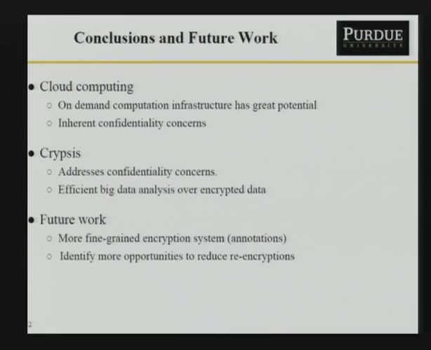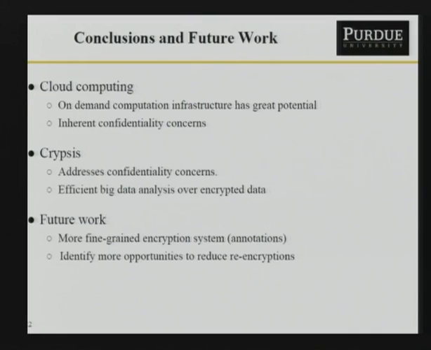But that inherently has some confidentiality concerns in the sense that we cannot trust the cloud providers with keeping our data safe. And then I introduced Crypsis, which tries to give solutions to these issues by using homomorphic encryption, hence keeping our data encrypted. And I also introduced several optimizations that allow us to do computations in an efficient way.